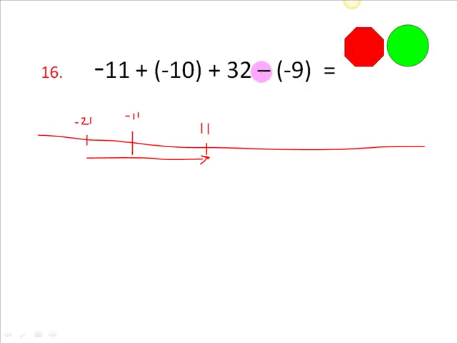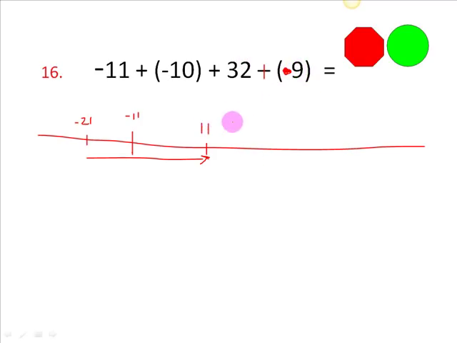And now we're going to take away a negative amount. Taking away a negative amount is a positive thing. So one of the ways that I remember that is I will use this minus sign right here to turn this into a plus sign. And if I use it, it goes away. So it's no longer there. And so now I'm at whatever my answer was, plus 9.